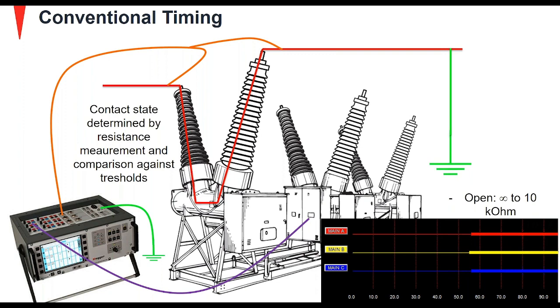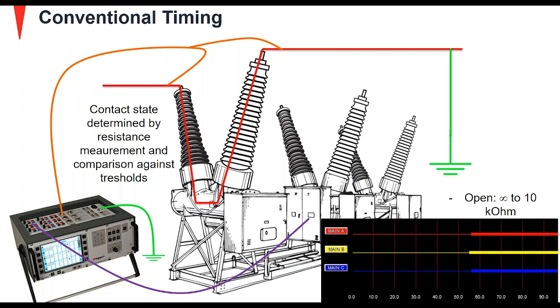So this is the conventional way where we do testing, and it's been done for many years. Some improvement has been added to it by using dual ground measurement, which is an added safety feature, and could also reduce some of the steps, like removing the ground again after establishing that safe zone.